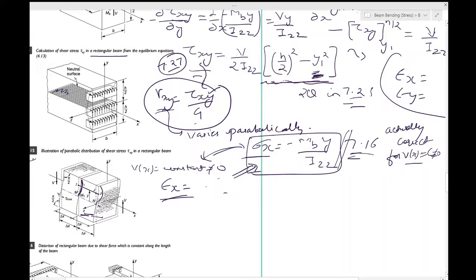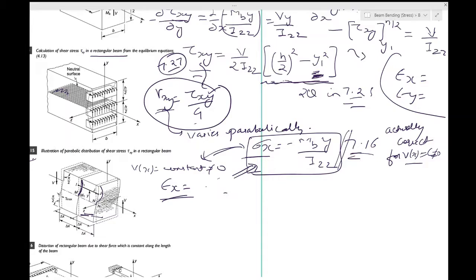Now, as stated previously, this proof perhaps you will see only when you do an advanced course in elasticity, not now. This means that the expression 7.23 for shear flow is also exact for the case of constant shear force. We have done it for a rectangular beam, but even when the cross section was different, that would still be true.